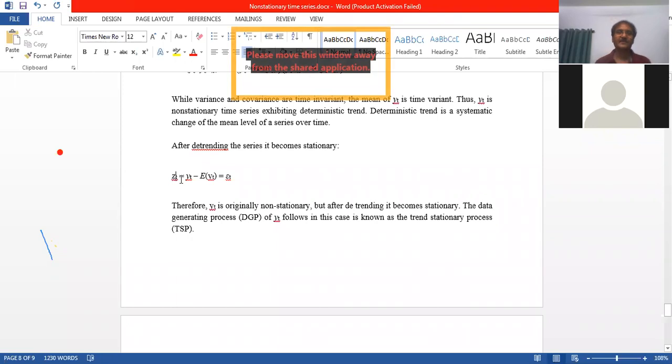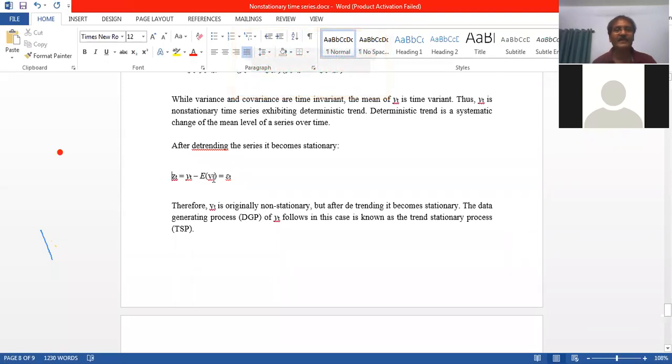Detrending means eliminating the trend. So after eliminating the trend component, trend meaning here the deterministic trend, not stochastic trend, we have a detrended series. And in the detrended series zt, if you put the value of the expected value of yt in this expression, you have only epsilon t.